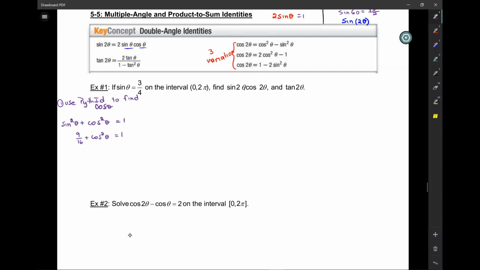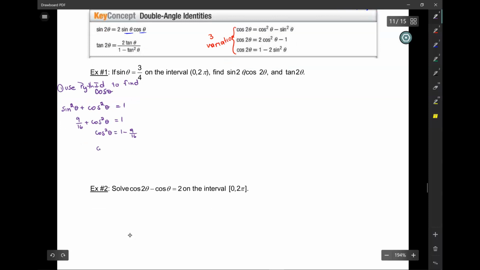So subtract 9 over 16. Cosine squared is 1 minus 9 over 16. So cosine squared theta is 7 over 16. So cosine is plus or minus root 7 over 4.